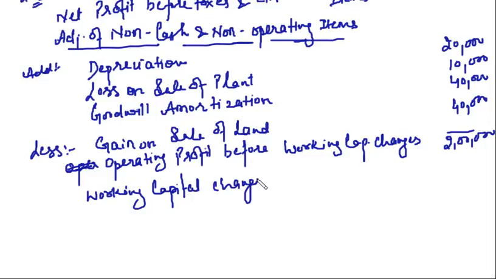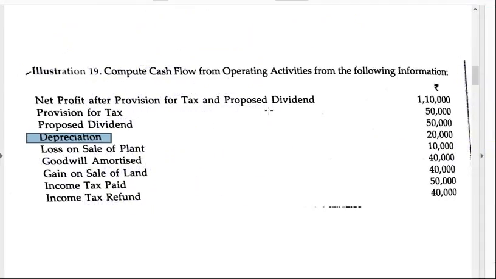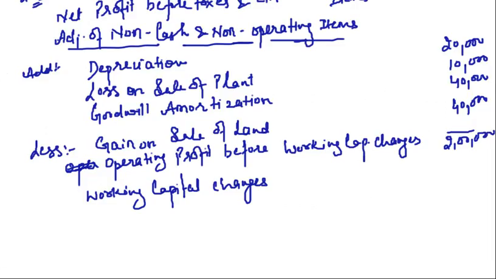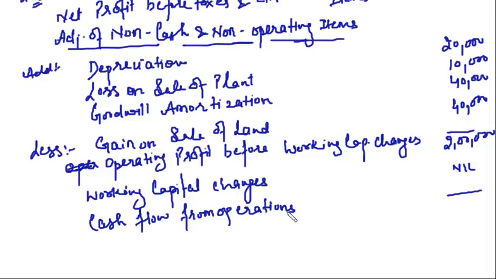Are there any current assets or current liabilities given in the question? See, any current assets or current liabilities? No, sir. So there will be no working capital changes. That means this is cash flow from operations. Cash flow from operations before taxes. Clear?